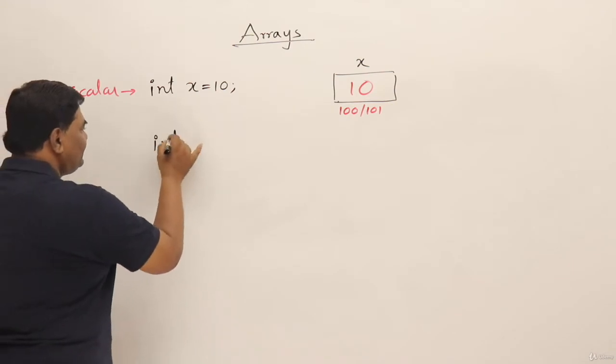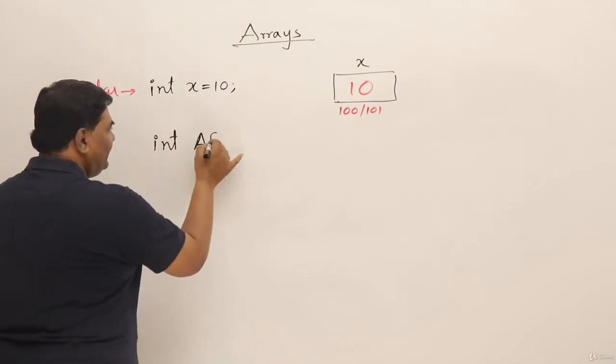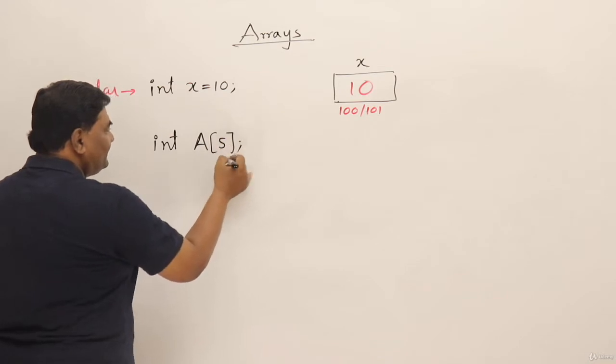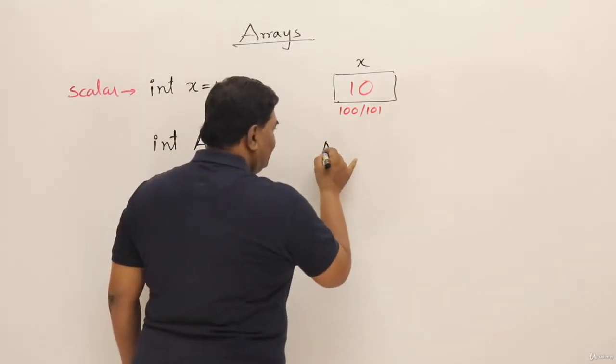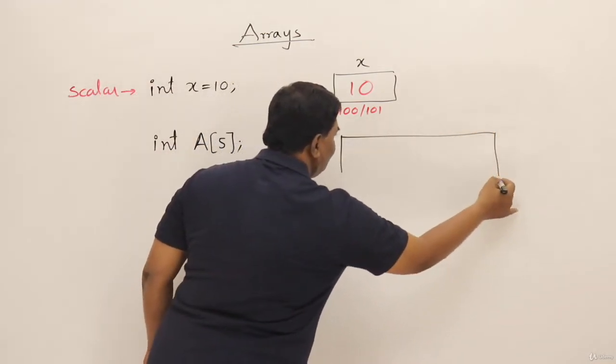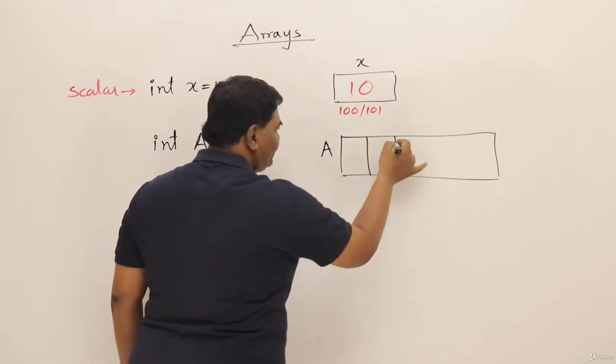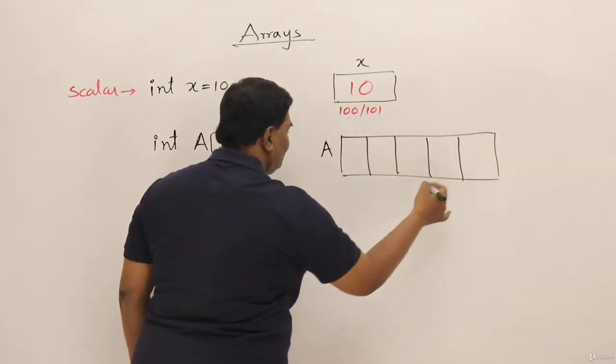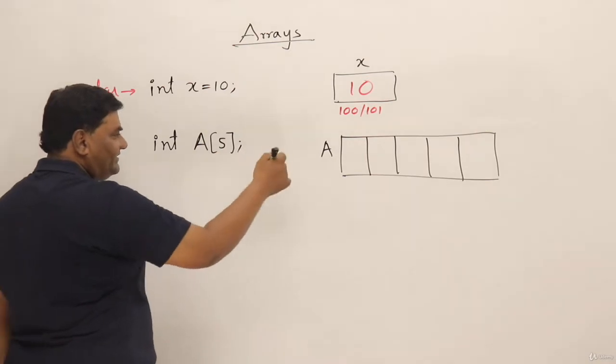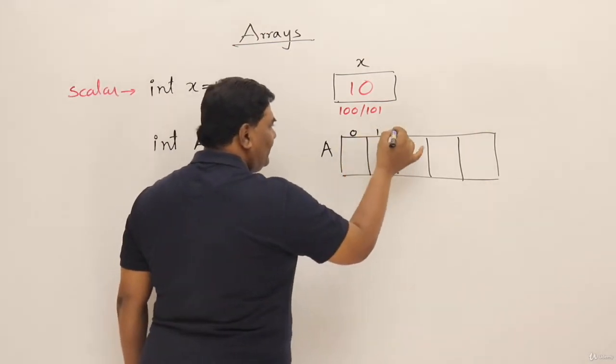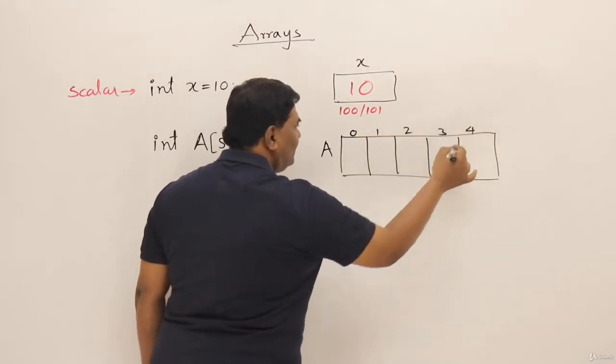Let us say I want an integer type array, the name is A and the size is 5. So this will give me an array of size 5 where I can store 5 integers, with the indices 0, 1, 2, 3, 4.